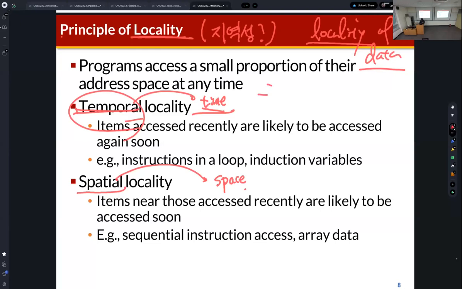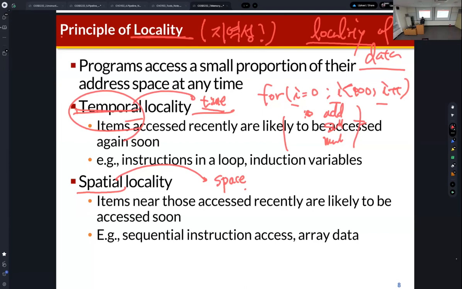For example, for i equal 0, i is less than 100, i plus plus. In this iterative for loop, variable i is repeatedly used. Also, instructions in the loop, like add, sub, and multiply, are executed again and again.